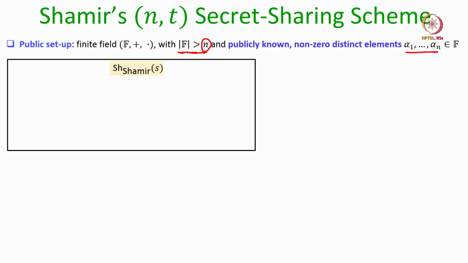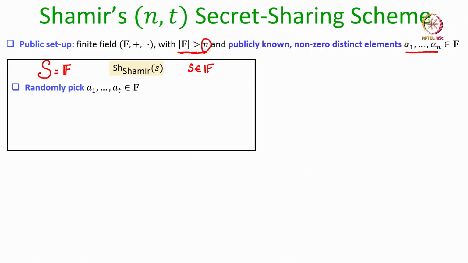Now, what is the sharing mechanism? To share a secret S, where S is an element from the field, and that is why the secret space, namely the set of all possible secrets, this fancy set S, is also the field F only.